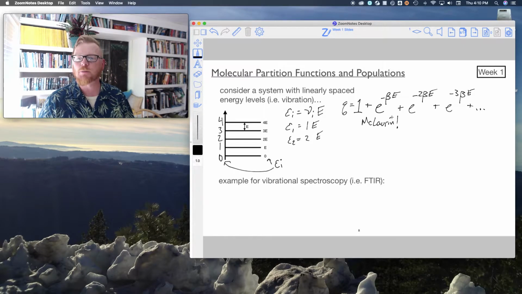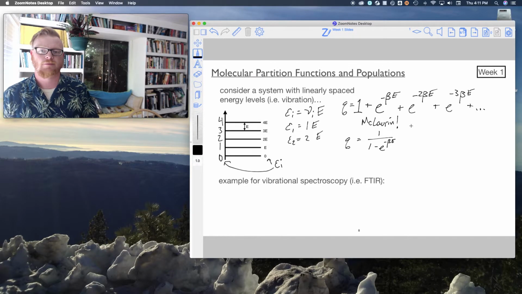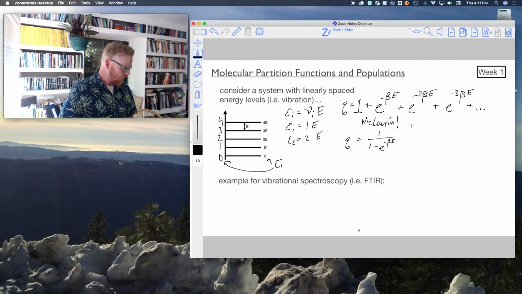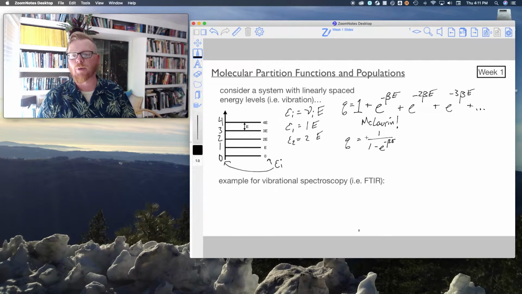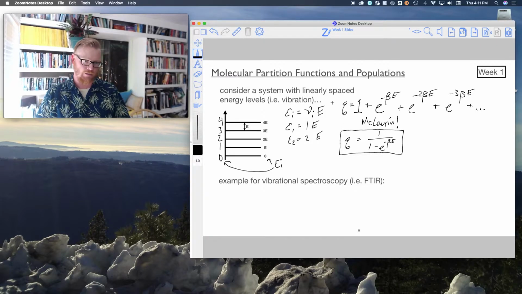In this Maclaurin series expansion, I can write the partition function Q as 1 divided by 1 minus e to the negative beta E. This would be the partition function for a system with linearly spaced energy levels.